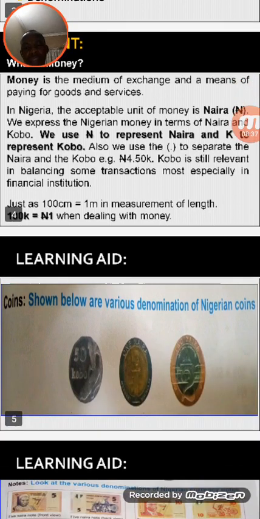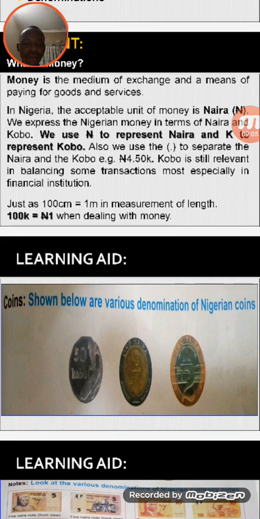Have some learning aid for you here. Coins shown below are various denominations of Nigerian coins, even though they might not be seen nowadays, but before then, I think I was opportune to spend kobo in my own time. Probably in your own generation, kobo is no longer available.